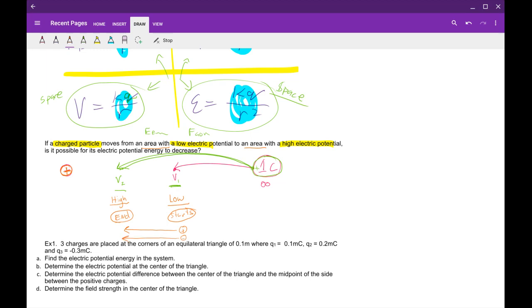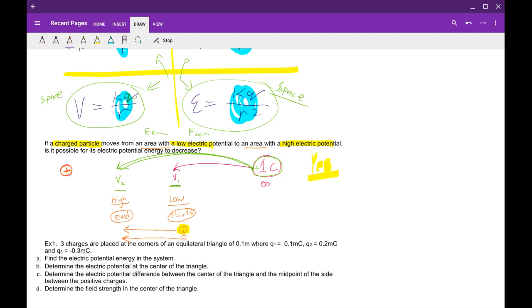So the question is, if a charged particle, here's my charged particle, moves from an area with low electric potential to an area with high electric potential, is it possible for its electric potential energy to decrease? The answer to the question is finally yes.